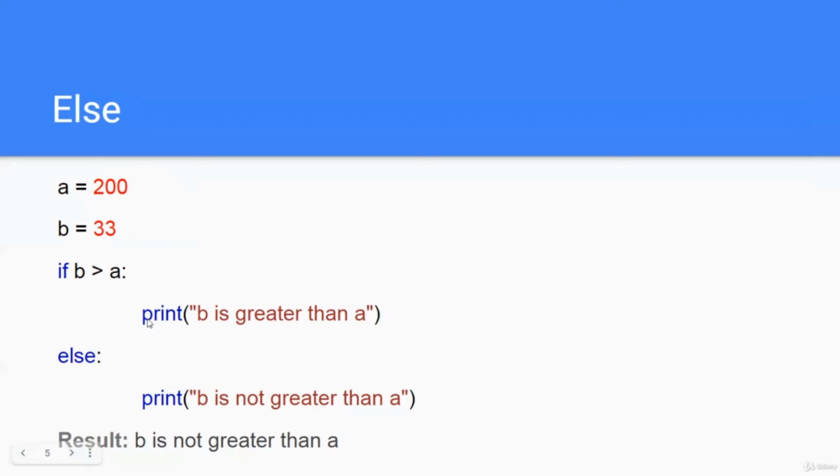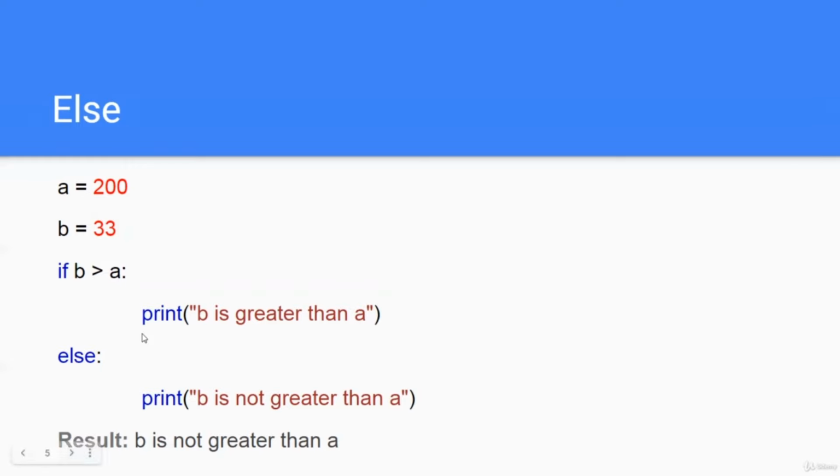So it will not execute the print B is greater than A statement. Instead, it will move to the next section and jump to the else section. Else means if the condition is false, it will print B is not greater than A. This is correct in this case, because B is 300 and which is not greater than A. So when there are two choices, in that case, the else statement will be executed.